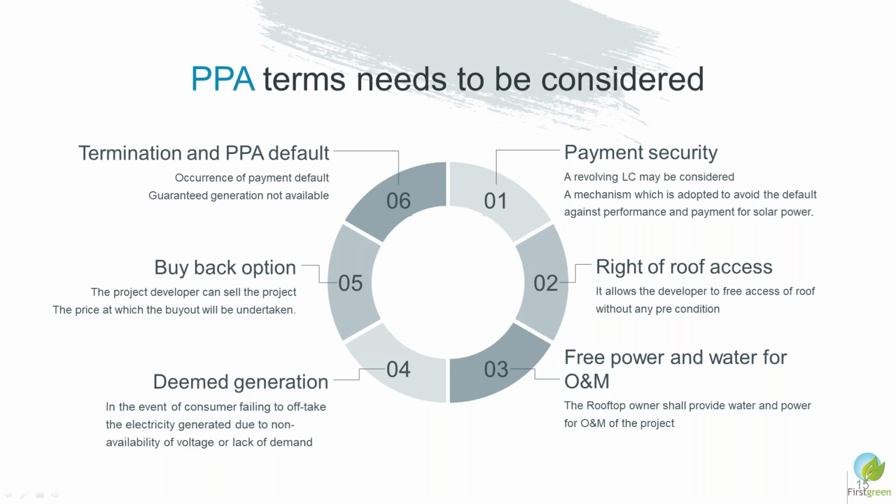The PPA default or termination are also important clauses. We should not reach a situation where a PPA default happens, but it's a business and you have to be sure that you take care of these aspects in your PPA.